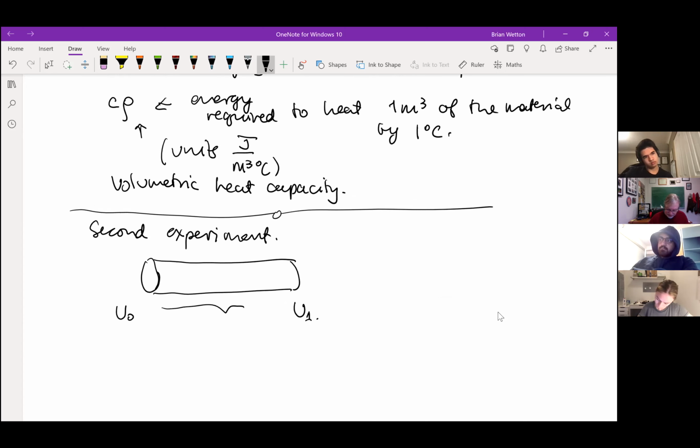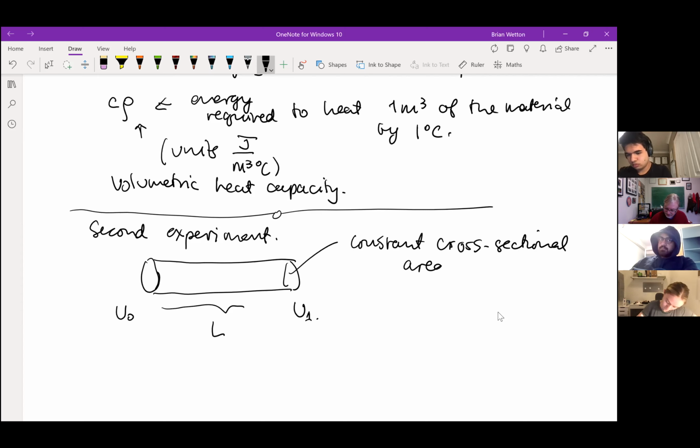And I'm going to look at its length, and its constant cross-sectional area A. And I'm going to measure the heat flow through the substance.